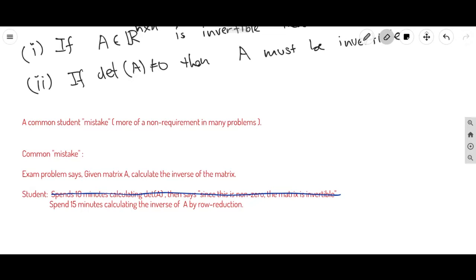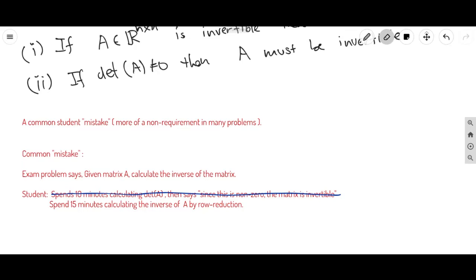It does not. It does not actually tell you how to find the inverse. The way you find the inverse of a matrix is by using row reduction. Now, if I give you a matrix and I ask you to find the determinant, usually the easiest way to do that is also using row reduction. So think about what you're doing. You're using row reduction to calculate the determinant.